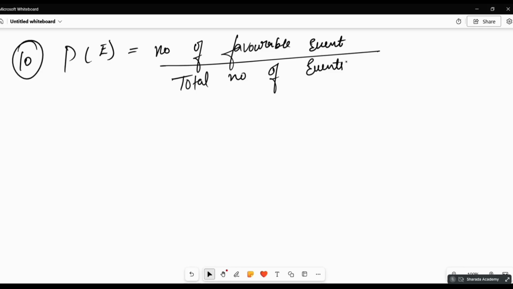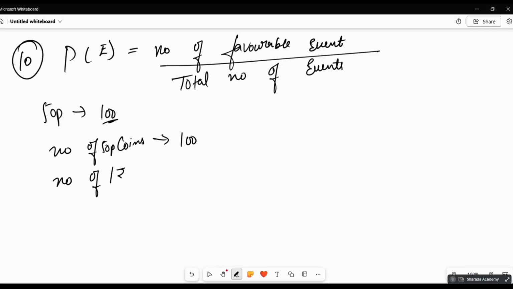Okay. Now, what has been given: in a big piggy bank, it contains 50 paisa coins. The number of 50 paisa coins, count it, is 100. Coins, not the value. 100 coins are there. And 50 1 rupee coins. So the number of 1 rupee coins is 50.